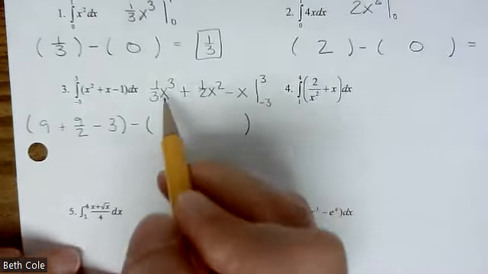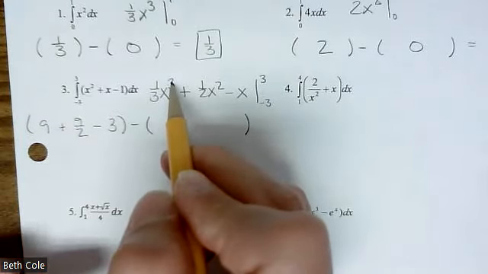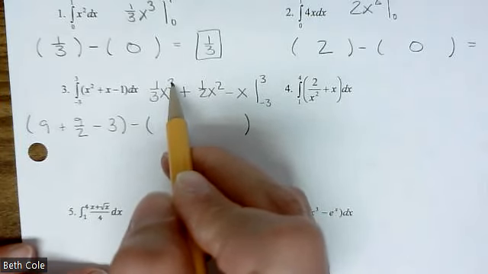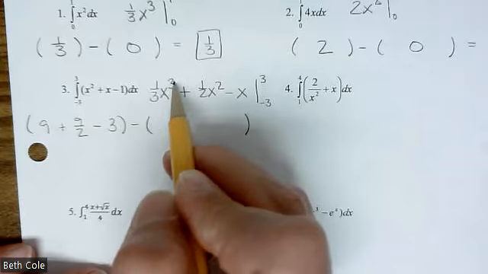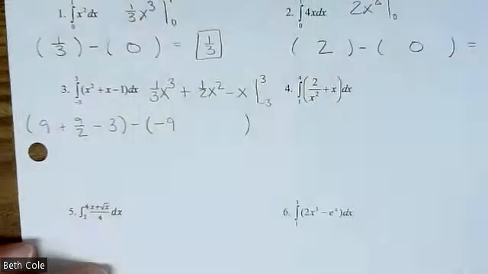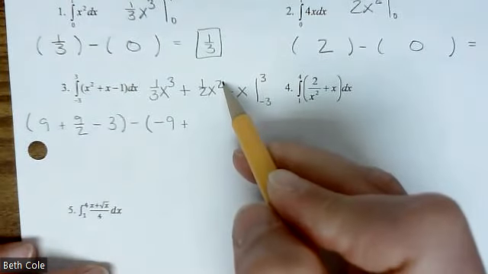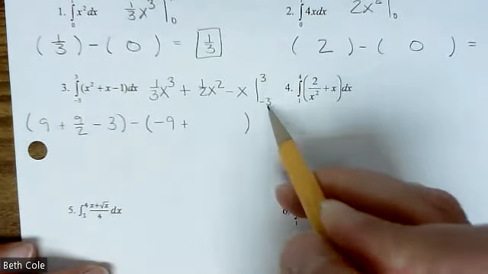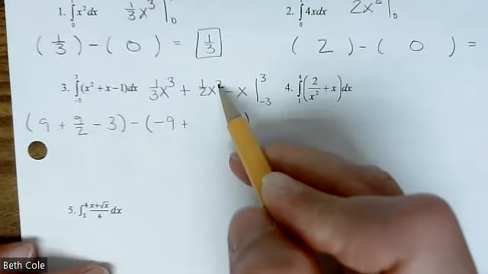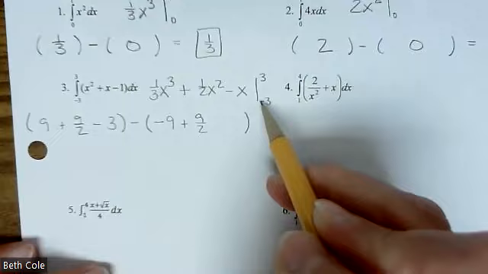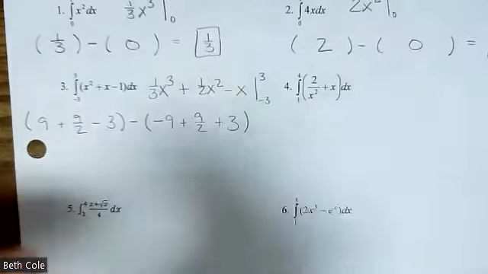All right, now we're going to plug in -3. -3 cubed is -27, and then a third of that, -9, plus -3 squared is 9, so +9 halves, and then you would have minus -3, so +3.